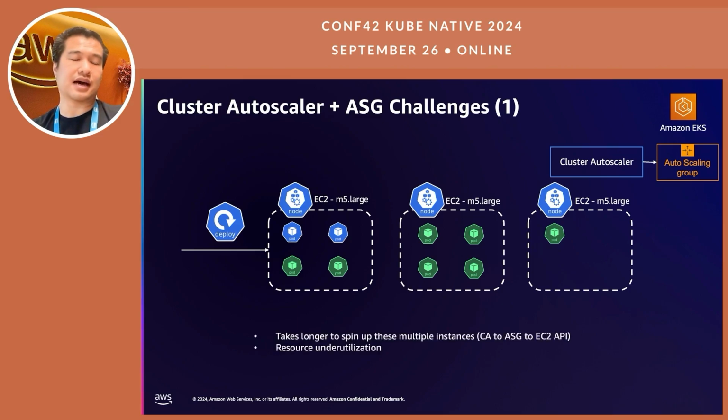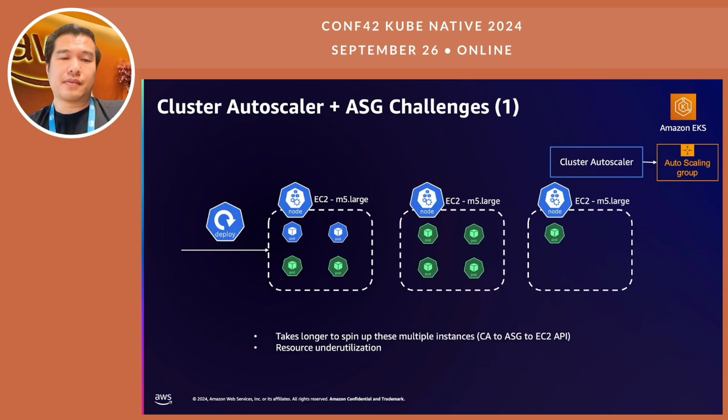The first thing is that it takes a longer time to spin up a new instance to schedule the pods, because Cluster Autoscaler needs to work with the autoscaling group, and then the autoscaling group needs to work with the EC2 API. So there are multiple steps to spin up a new instance. This is problem number 1.